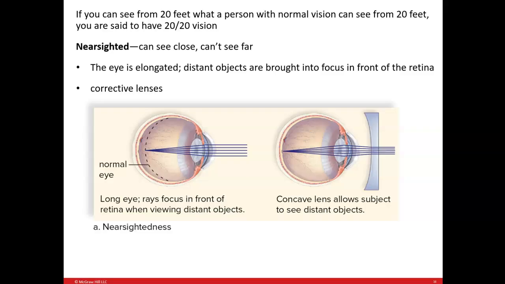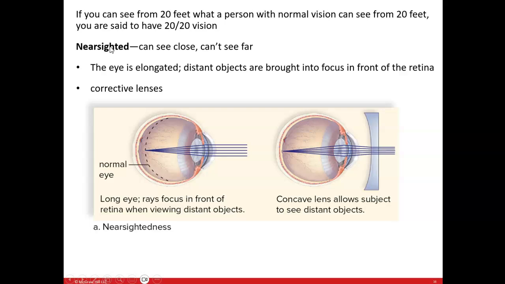Okay, and so we have these standards that we've used for comparison. If you have to be 10 feet away to see what a normal person can see from 20 feet away, so that means you have to be a lot closer, that means you have 10/20 vision and you are nearsighted.